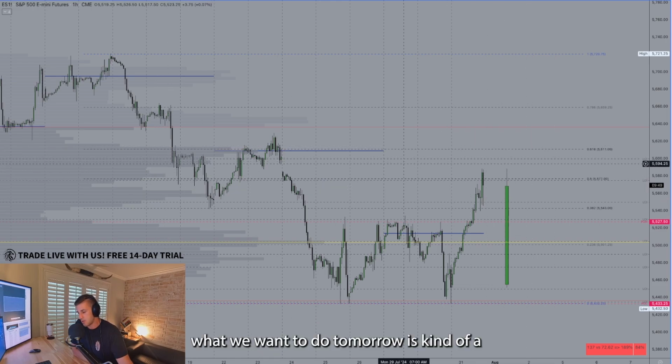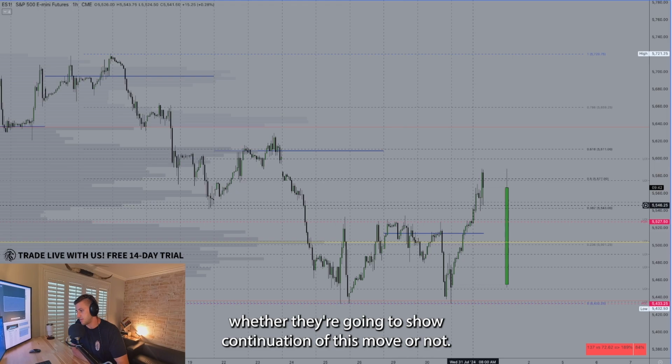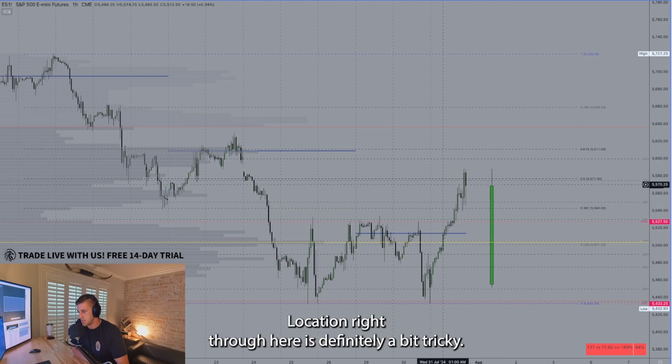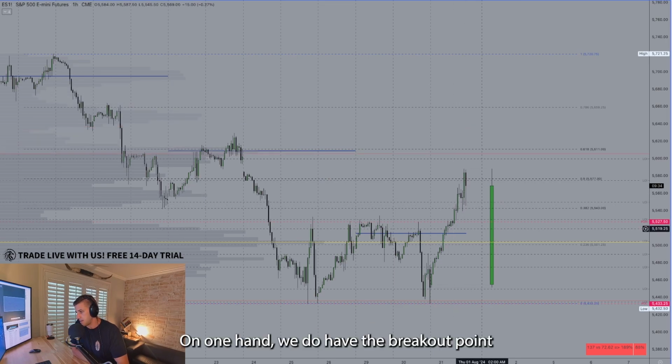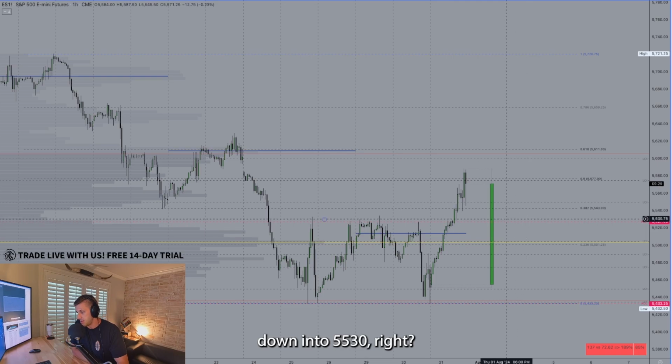What we want to do tomorrow is gauge the risk appetite of buyers, whether they're going to show continuation of this move or not. Location right through here is definitely a bit tricky. On one hand, we do have the breakout point down into 55.30, right?